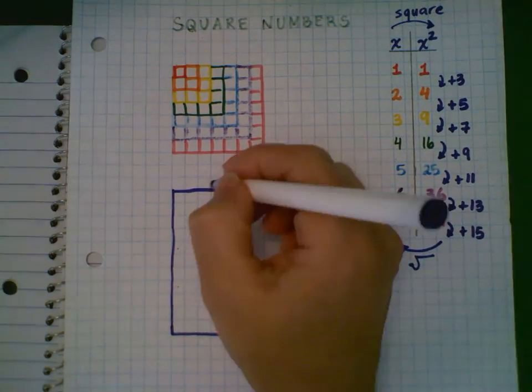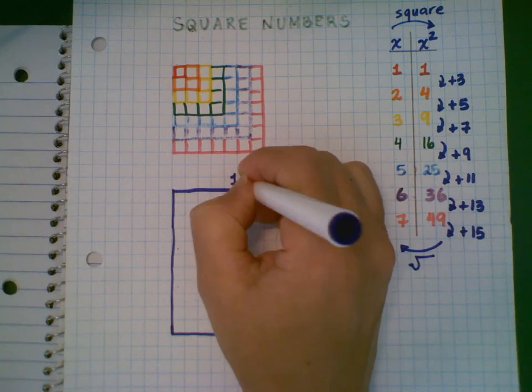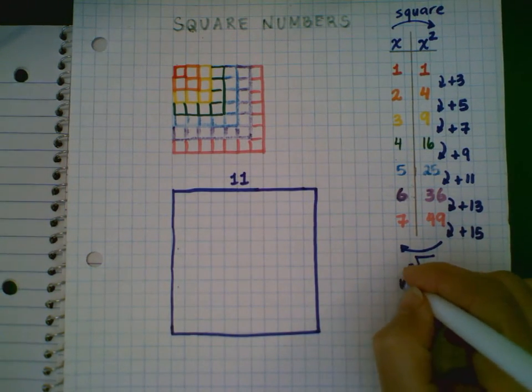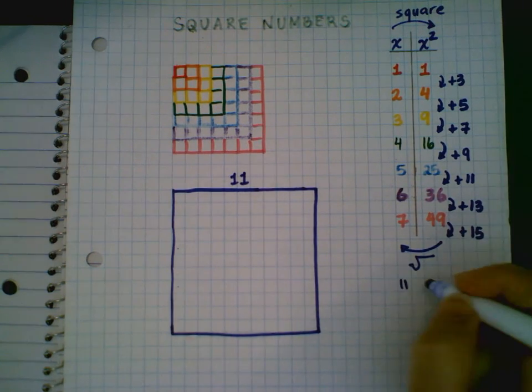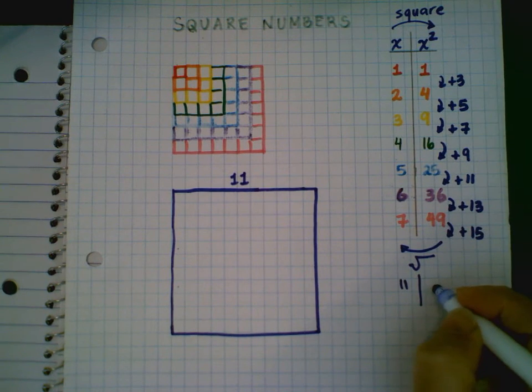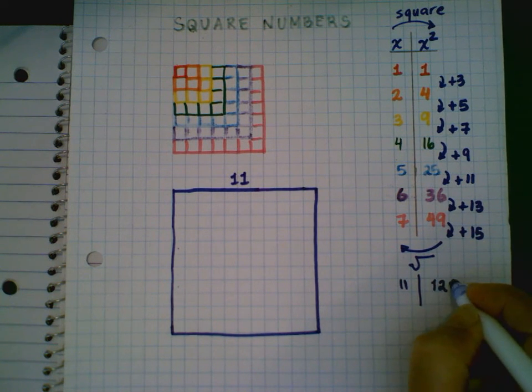So square, that's 11 on one side. If I were to count the total number of squares in that object, it's going to be 121.